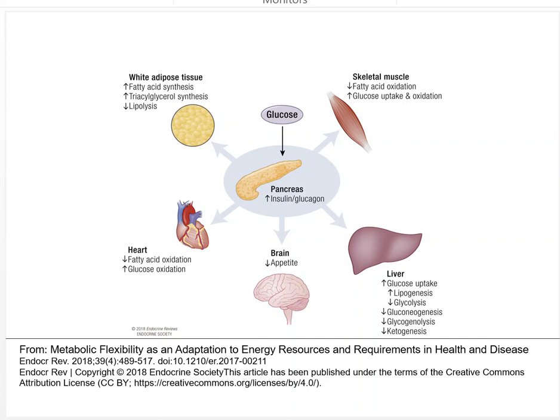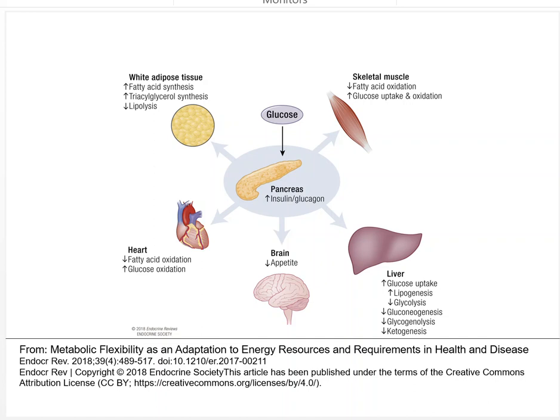It tells us how well someone is going to utilize substrates for fuel, meaning how well someone will be able to burn glucose for fuel as well as fats for fuel.